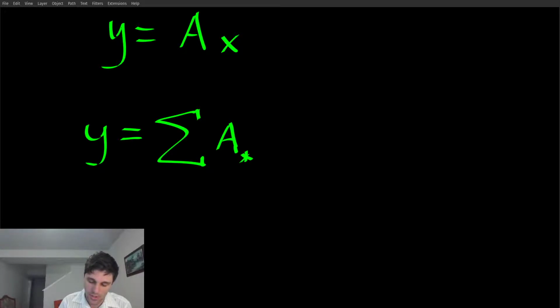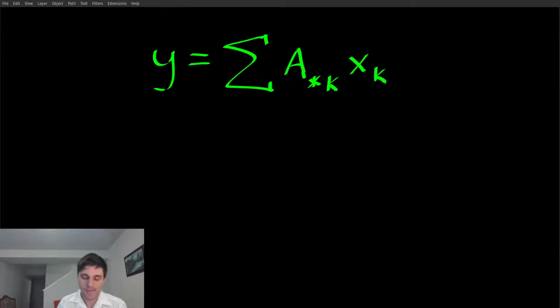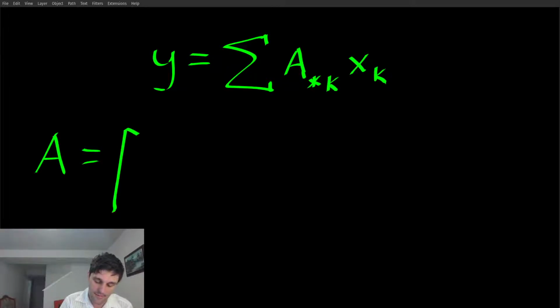So let's say star every row, I'm going to get the kth column, and then x sub k. So in other words, I can also think about rewriting my matrix A. This is actually how I should have done it in the first place instead of not doing the stars, but that's okay.